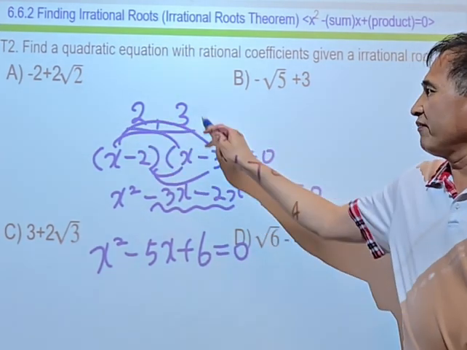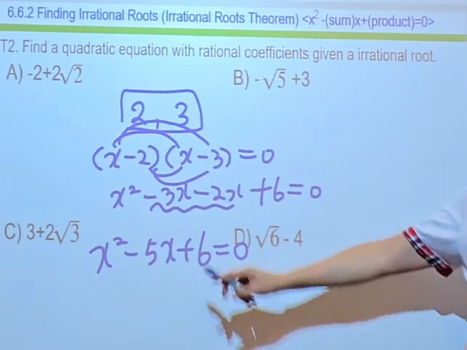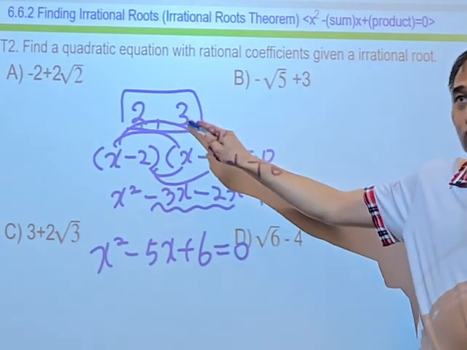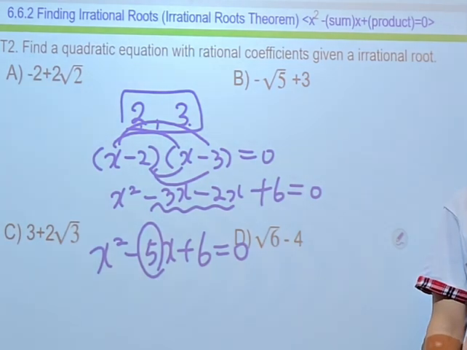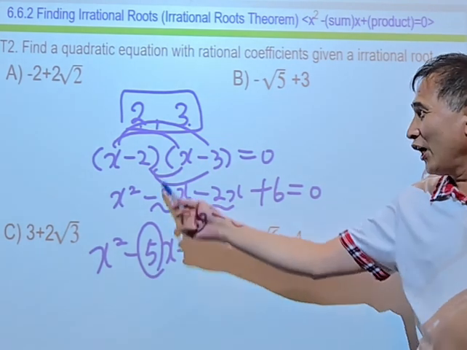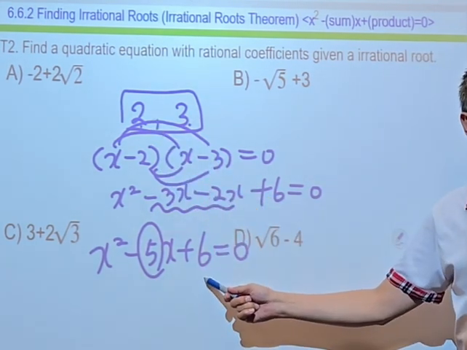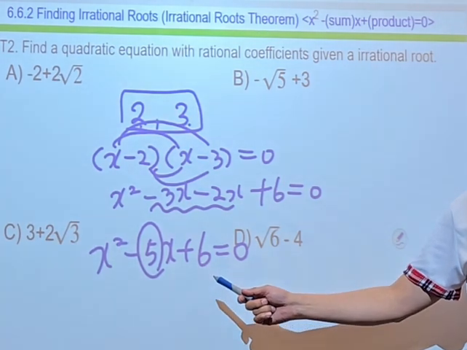From these zeros, we can find the quadratic equation right away, like this. But can anybody tell me, with this 2 and 3, what is this 5? What's the relation? 2 plus 3, that's a sum. How about here, 6? 2 times 3. Good, that's a product, right?